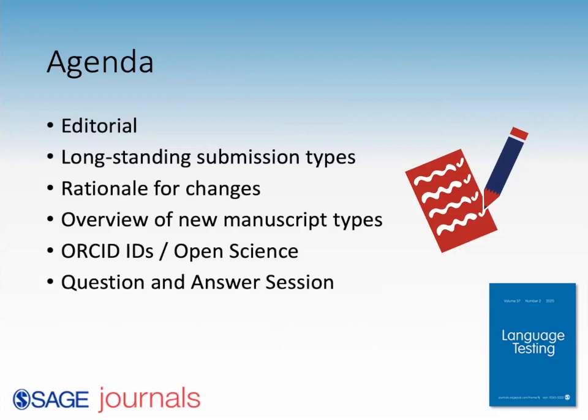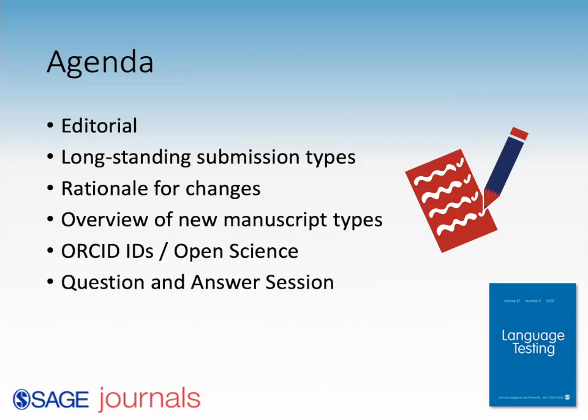Our agenda for today, we're going to keep it fairly brief. We're going to start off by talking about a recent editorial that we published, which gives some more detail about some of these changes. And then we're going to jump into talking about the kinds of submissions you can make to Language Testing. So we'll start off by talking about our long-standing submission types, what we have always accepted.